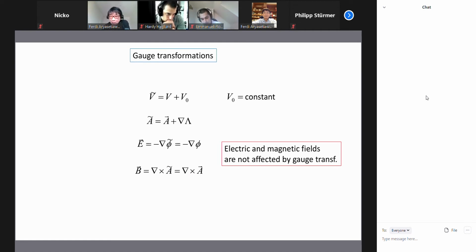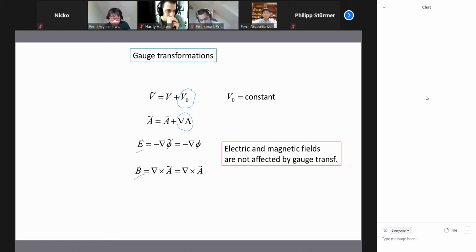So if we add a constant V0 to the potential V, like we have here, and we add a gradient of a scalar field to the vector potential, then the electric fields and the magnetic fields are not affected by these transformations.